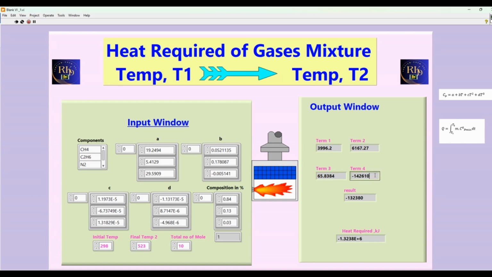This is in E. So this is 10 to the power 9, I think, and this is 8.754 into 10 to the power 9, and this is 11.3173 exponential minus 9.